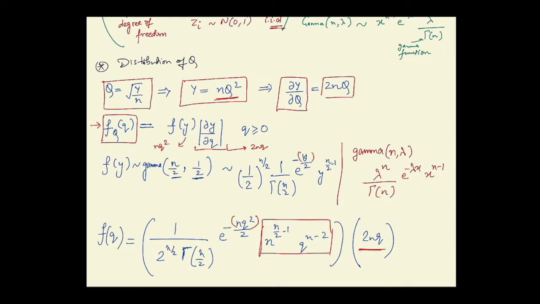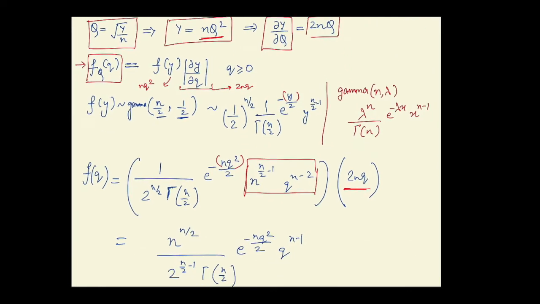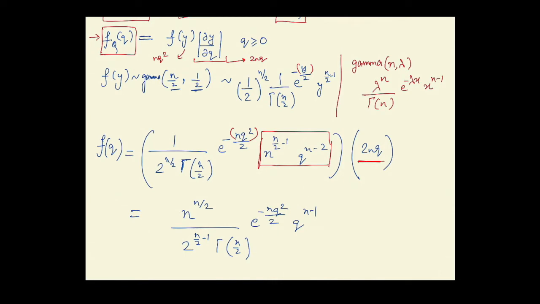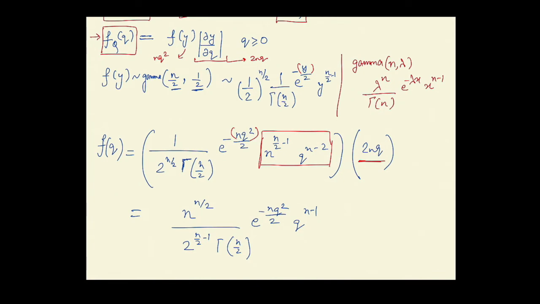So which gives us the final expression for fq to be this: n raised to n by 2 divided by 2 raised to n by 2 minus 1, gamma n by 2, e raised to minus nq square by 2, q raised to n minus 1.